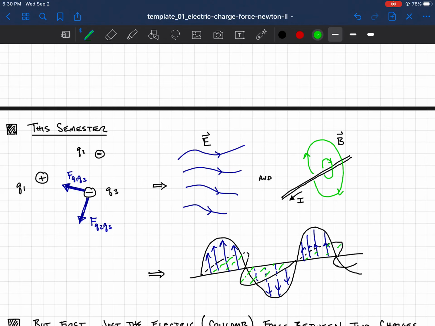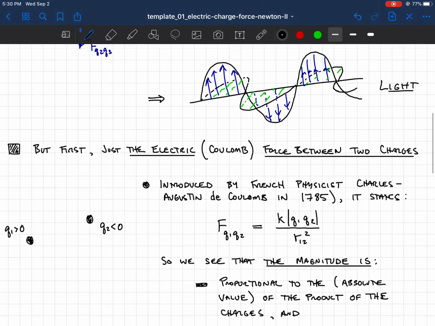And that electromagnetic wave actually has a name, it's called light. So there is an overarching principle of this course, which is the interaction of electric and magnetic fields, and that's actually the study of light. But we're going to start out with some simpler ideas, which are just the interaction of electric charges.